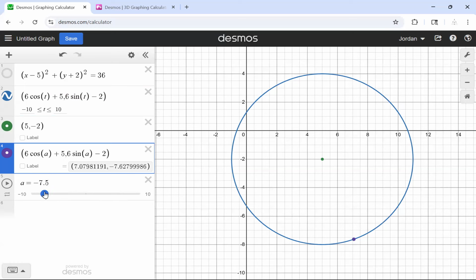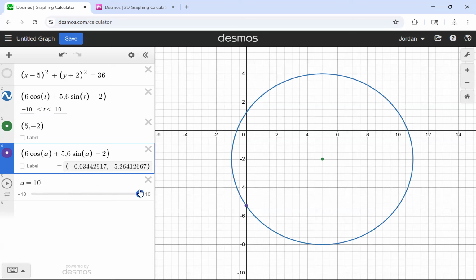And you can move that a around by increasing the value of a, and you can kind of see how the point is moving along the circle. In this case, we can see that each movement is moving that point around the circle in a counterclockwise direction. We'll talk more about that a little bit later.